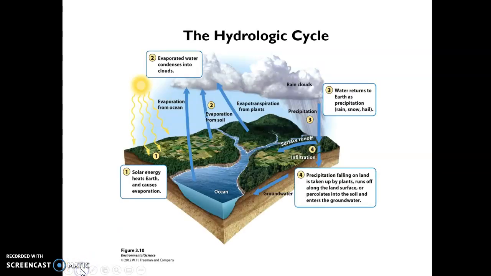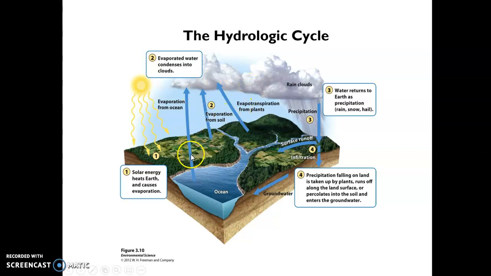So we'll start with the water cycle, more properly called the hydrologic cycle. And I'm sure you've been familiar with this for many, many years, but the sun's energy heats the earth and causes evaporation. Also, there's evaporation from land and there's evaporation from oceans, both that go up into the atmosphere and form clouds.